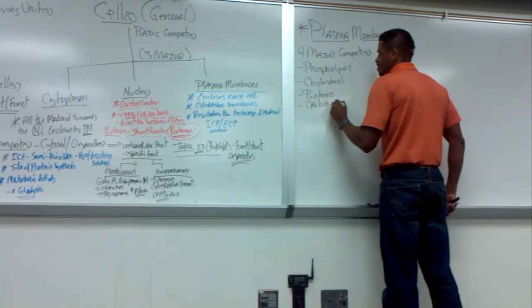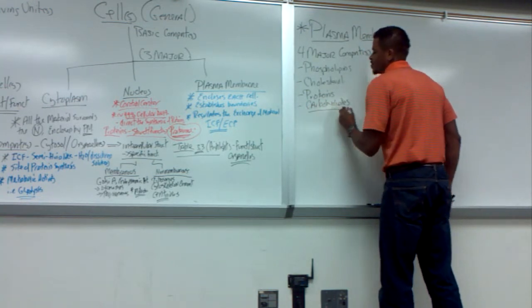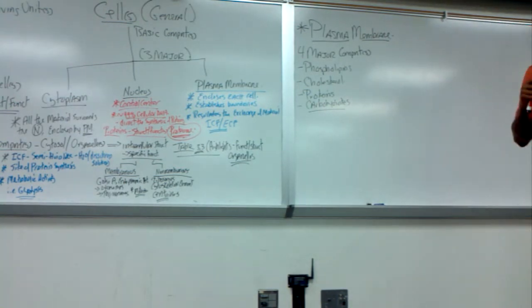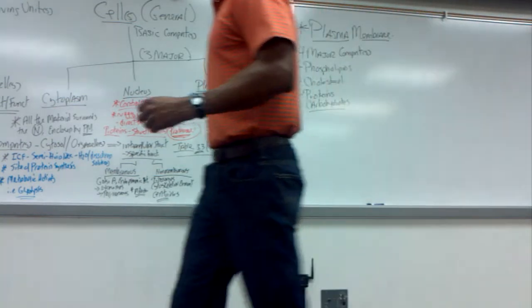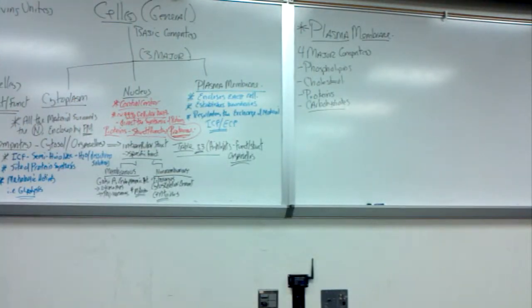So these are the four major components of the plasma membrane: phospholipids, cholesterol, proteins, and the carbohydrates. And we take a look at the structure and function of these four major components of the plasma membrane.